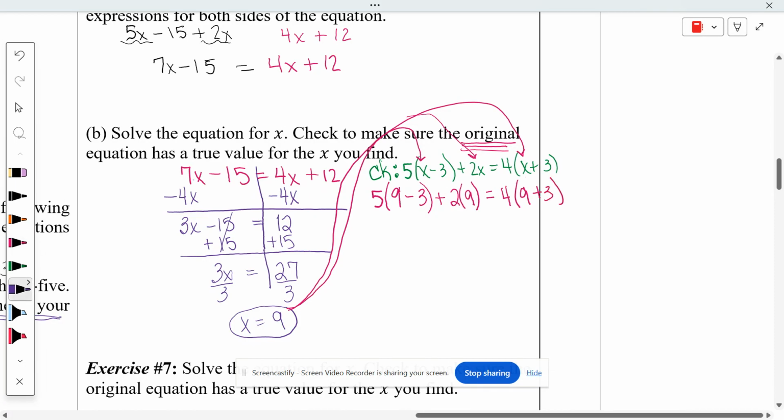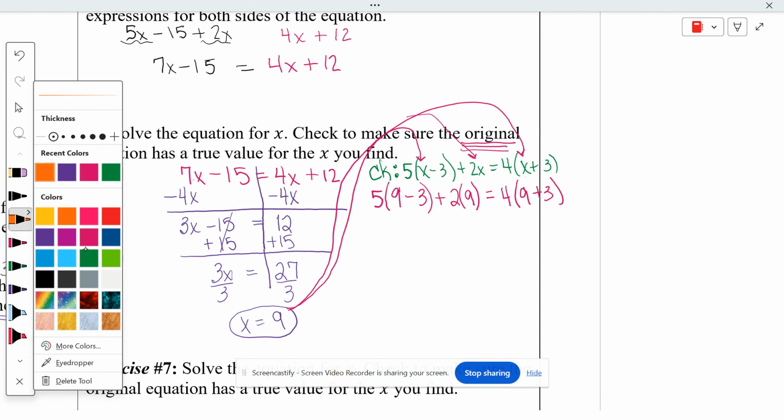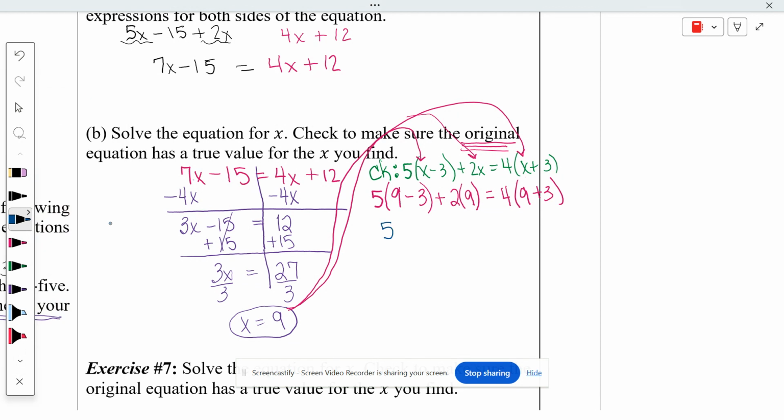All right, let's do some simplifying here. So 9 minus 3 is 6. So I have 5 times 6 plus 2 times 9 is 18 equals 4 times the quantity of 9 plus 3, which is 12. Well, let's take it a step further.